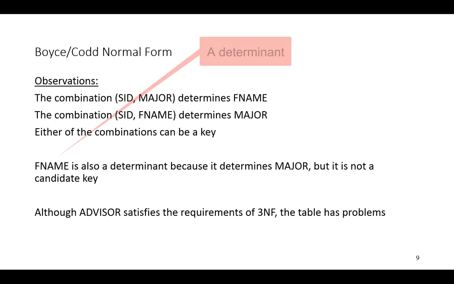But notice that faculty name is also a determinant because it determines major. Remember that a faculty member advises in only one major area. So we actually have 3 determinants in this table.